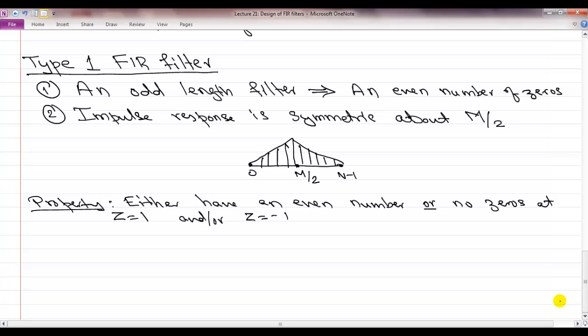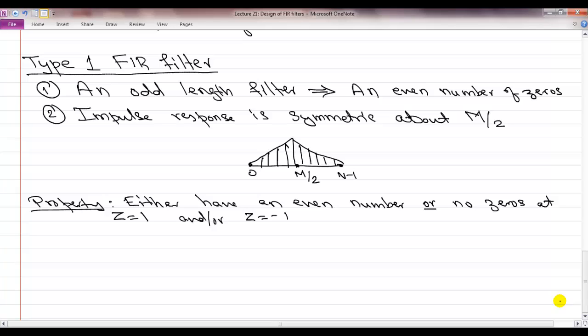So a filter which has a zero at z equal to 1 is not a good filter for low pass filtering, because you want to preserve frequencies around 0. Similarly, z equal to minus 1 corresponds to the frequency of pi. So a filter which has a zero at z equal to minus 1 is not a good filter for high pass filtering. Now the type 1 filter may have zeros at z equal to 1 and minus 1, or it may not.